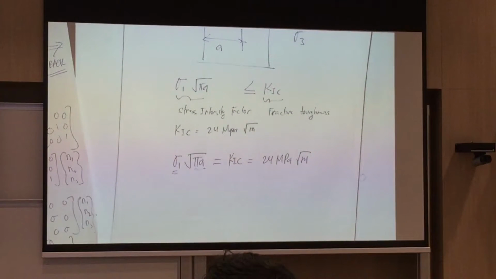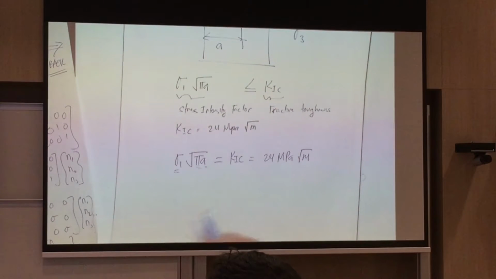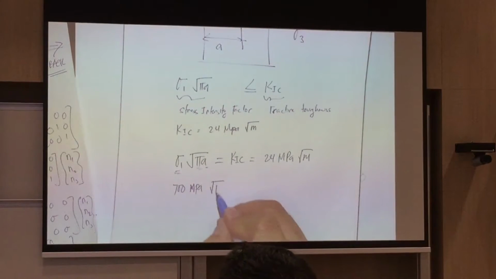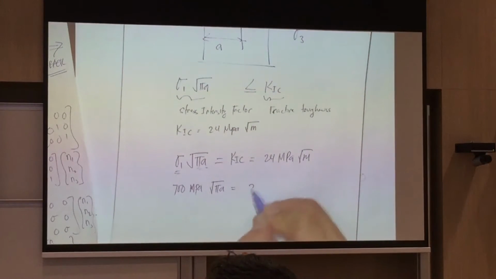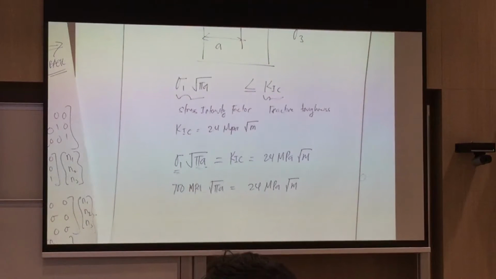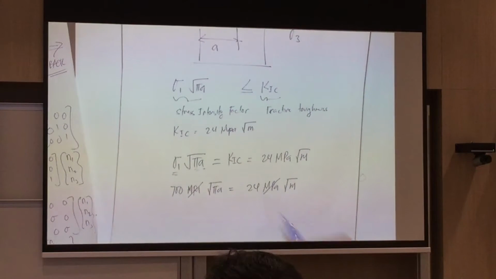Yes? So if you want to check the units, that's quite simple. This one is 700 megapascal, and then that's square root of pi a equal to 24 megapascal square root of a meter. So megapascal cancels out.